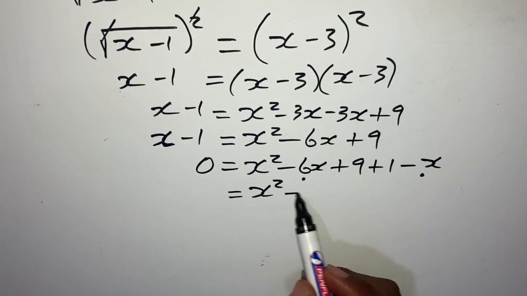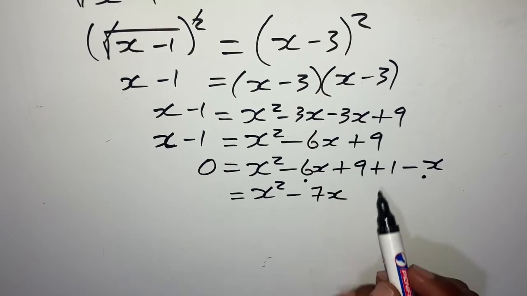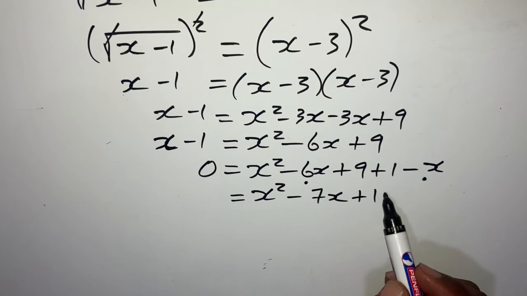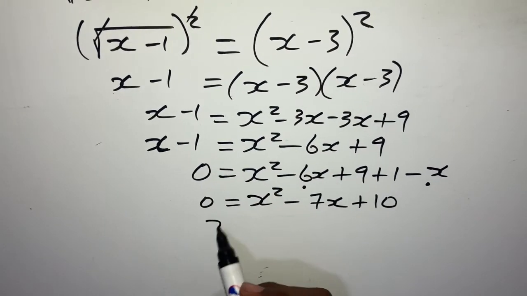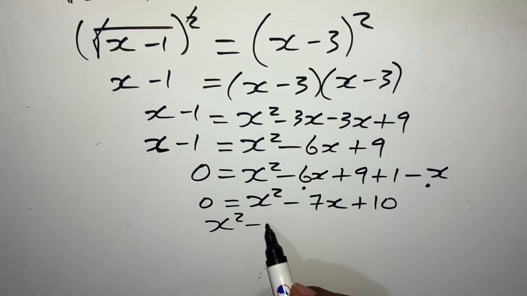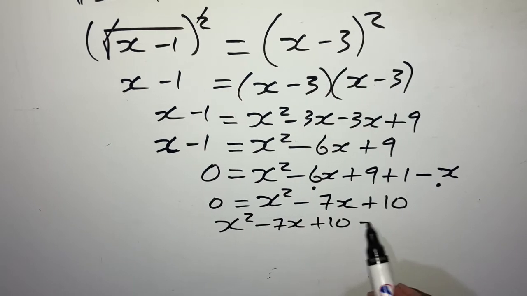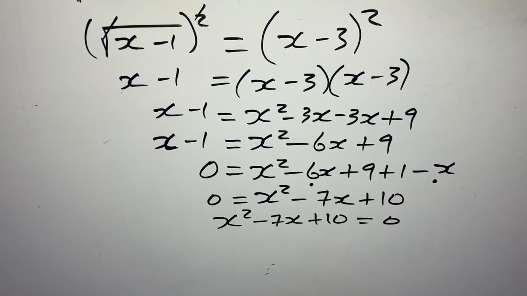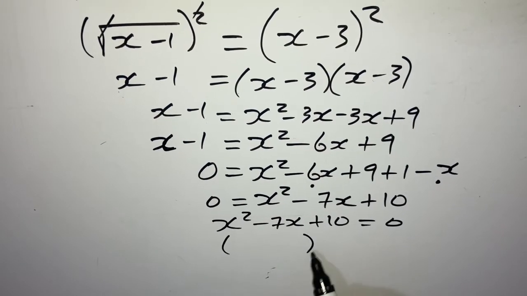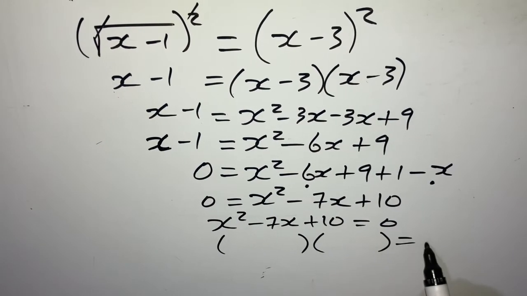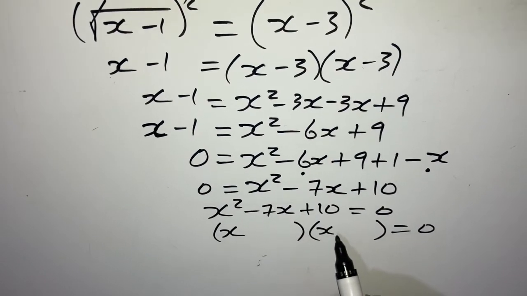These two will give me a minus 7x, as much as 9 and 1 will give me a 10, equated to 0. Then I can just write it as x squared minus 7x plus 10 equated to 0. Then from here, I'll have to find the factors, of which is my x and x.